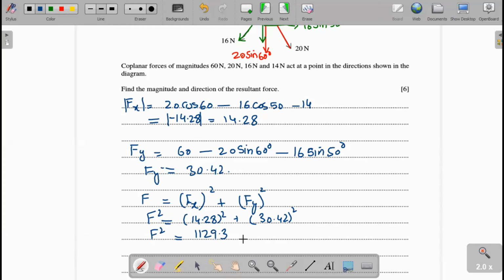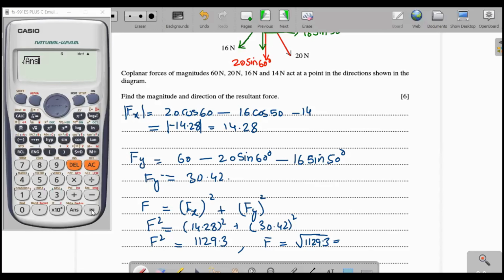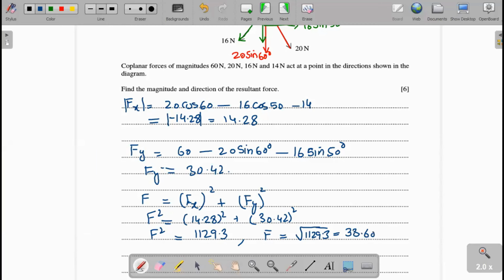We take the square root on both sides, we get F equal to square root of 129.3. Now we get the answer. The answer is 33.60 Newton, this is the resultant force.